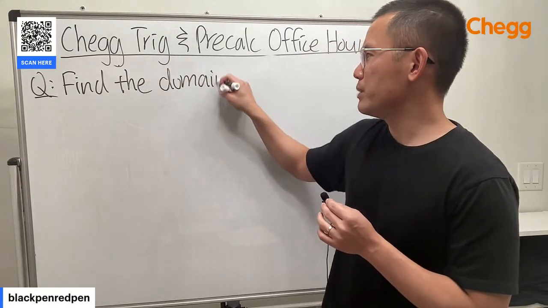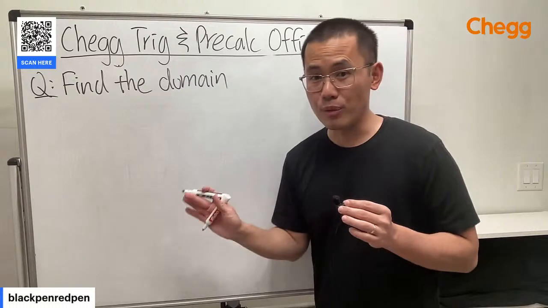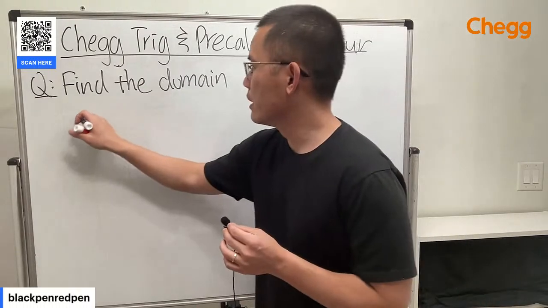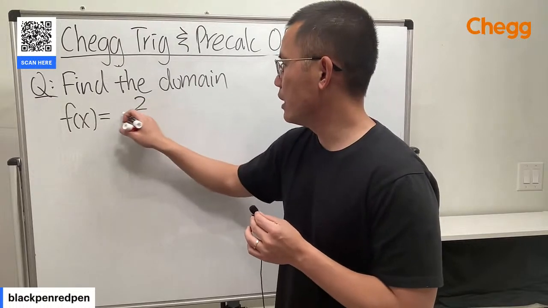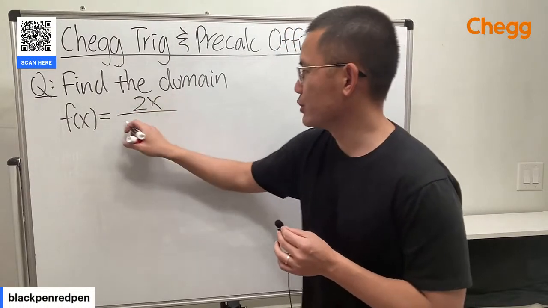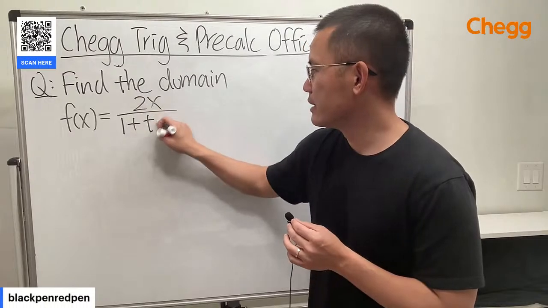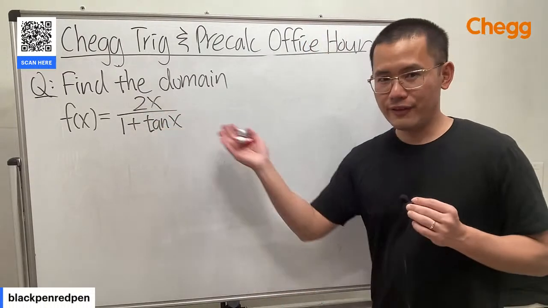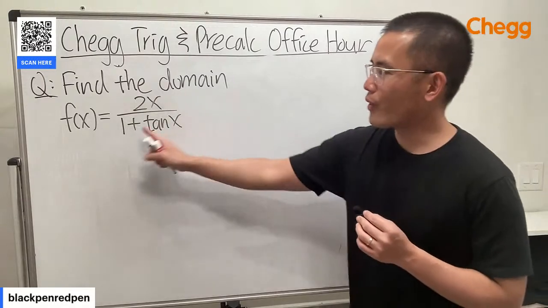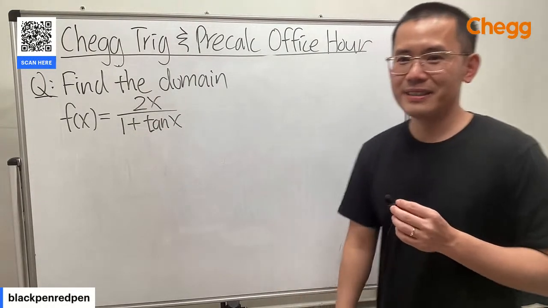Let's not do the range because range is trickier. Just find the domain for the function f of x equal to 2x over 1 plus tangent x. Find the domain of 2x over 1 plus tangent x.